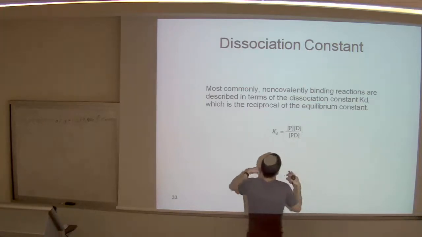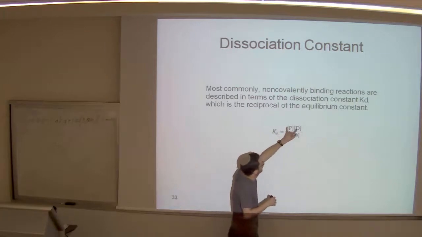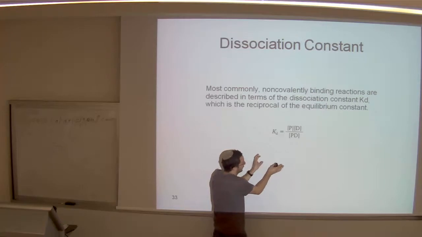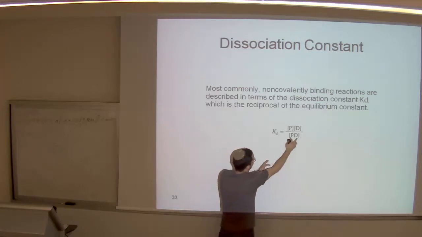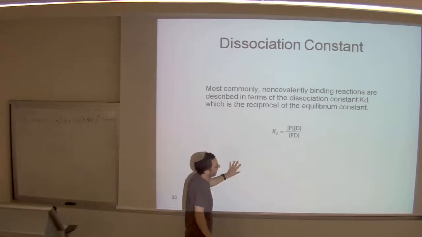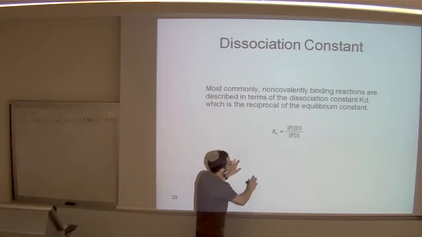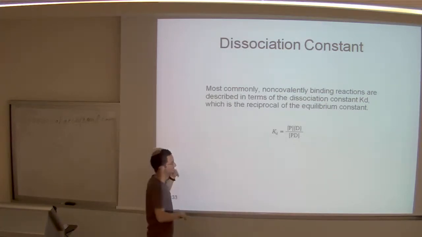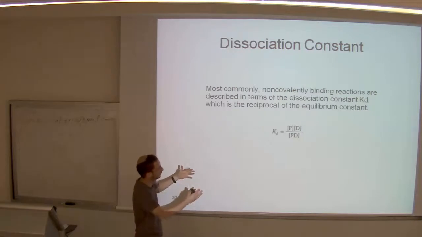Because it's a dissociation reaction, in the products we have the two separated molecules, and in the reactants we have the linked state. We call it a dissociation reaction because the products are the dissociation products.